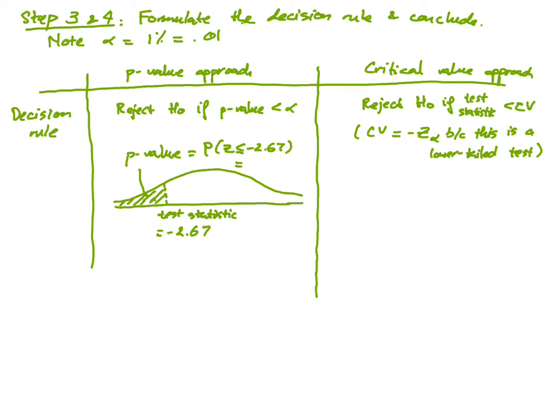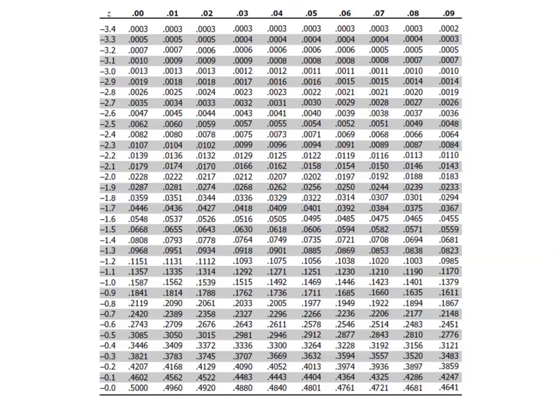So let's go ahead and do that. You want to go to the z table, look at row negative 2.6, and look under column 0.07.